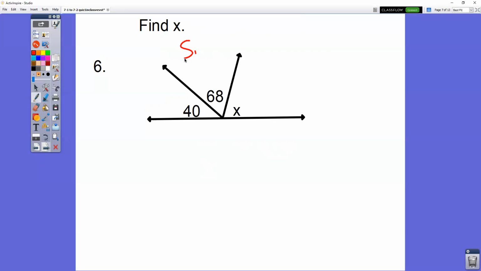These are supplementary angles again. Supplementary angles take that straight angle, and this time they divide it into 3 pieces. So these have to, again, add up to 180 degrees.